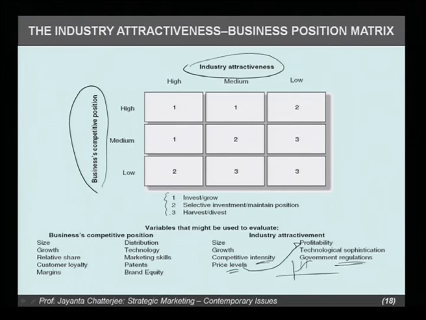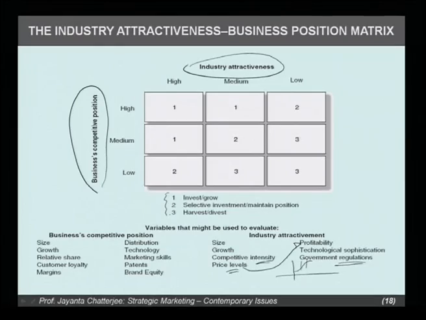The first being business which is showing high growth potential. So, this is where actually you are combining your strengths with opportunities. These are the cases where you are actually taking your high competitive position with high attractiveness in the industry.